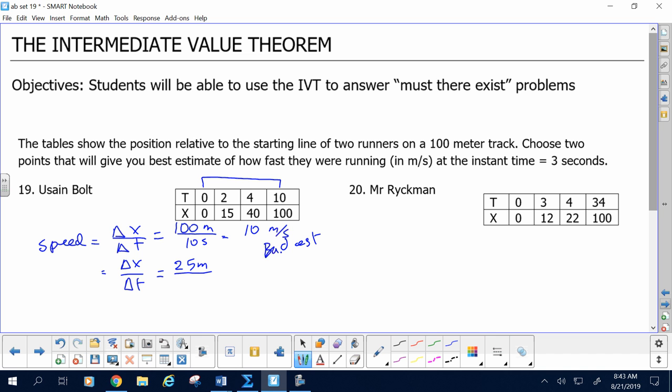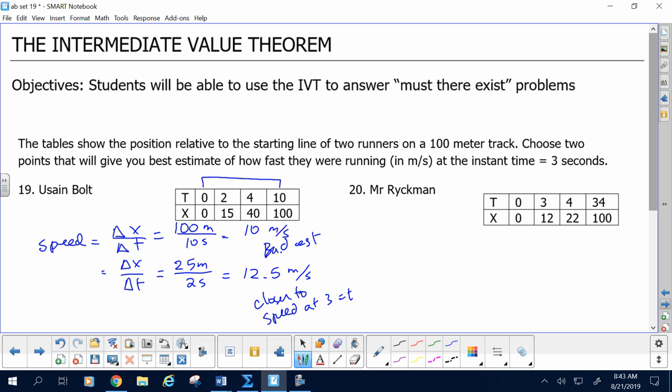And how long did it take? 2 seconds. And so a better average is 12.5 meters per second at time equal 3. And this is probably closer to his true speed at time equal 3.